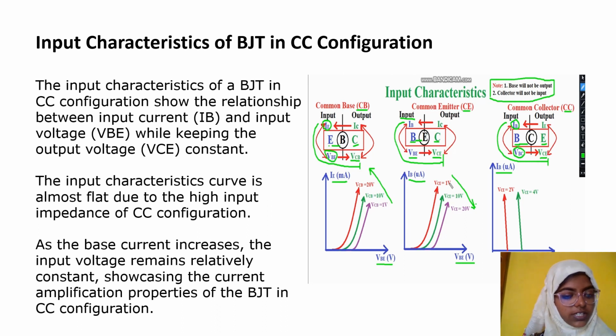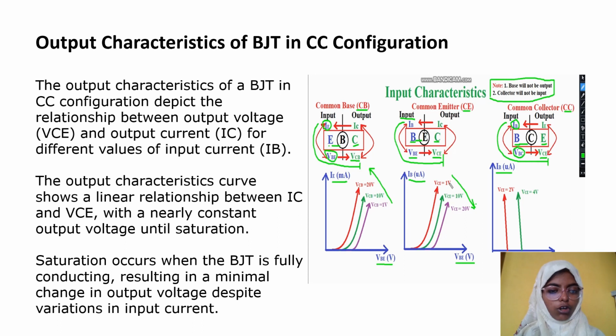The curve is almost flat due to the high input impedance of CC configuration. As the base current increases, the input voltage remains relatively constant, showcasing the current amplification properties of the BJT in CC configuration.